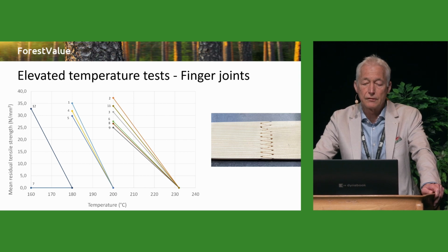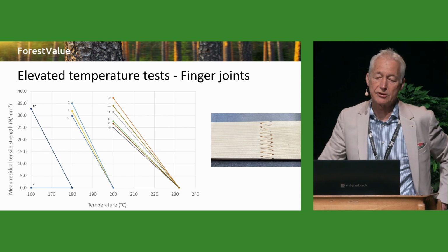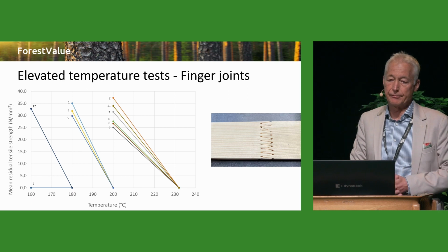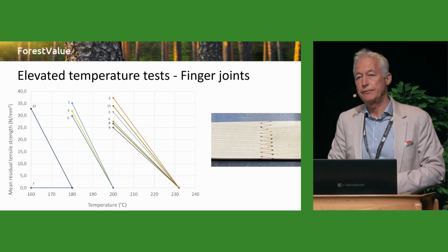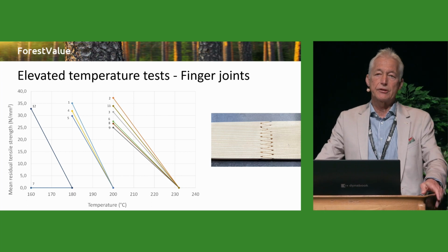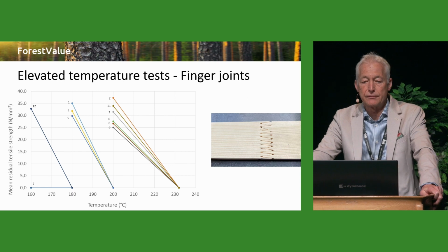Now showing you that at 232 degrees, no specimen remained intact. The loading scheme was the same as for the scarf joints. The temperature stability of the adhesives reduced even further.